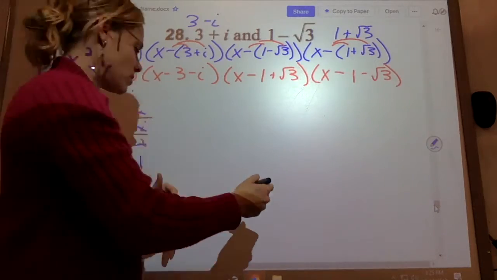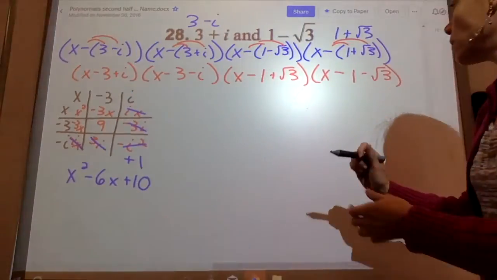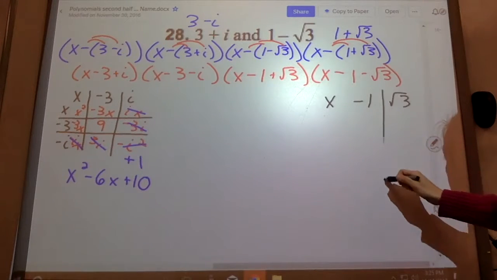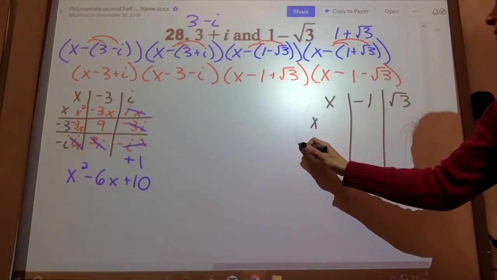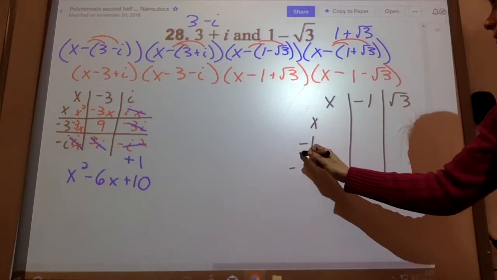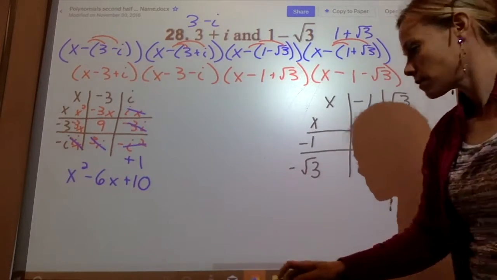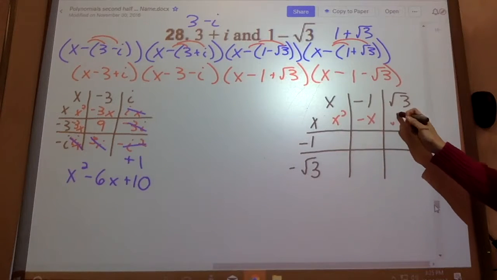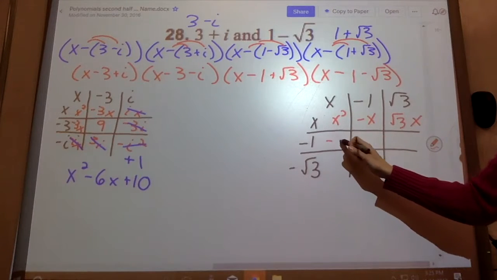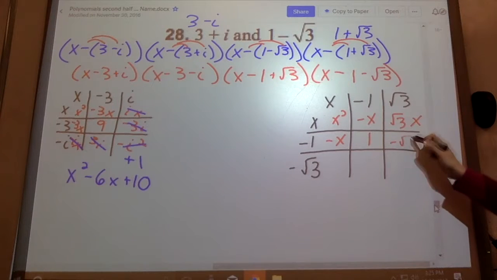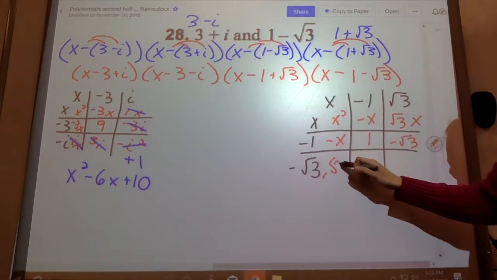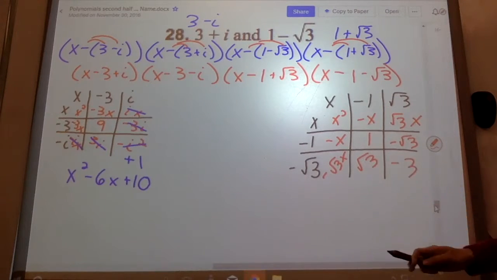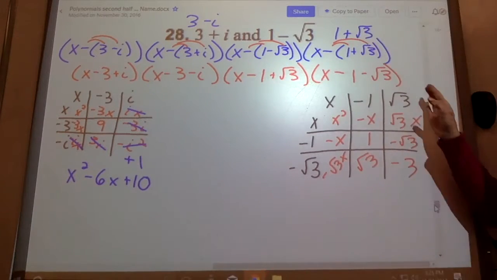Now I need to multiply these two together. So x minus 1 square root 3, x negative 1 negative root 3, multiply x squared, and again what you should get is all of your square roots will cancel out.